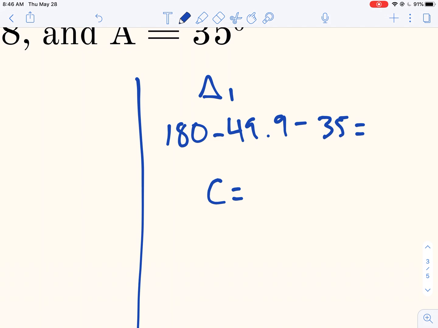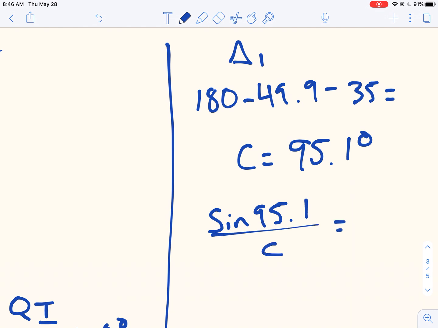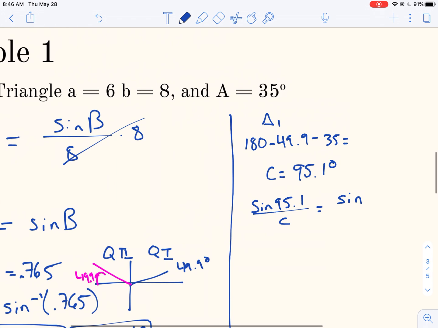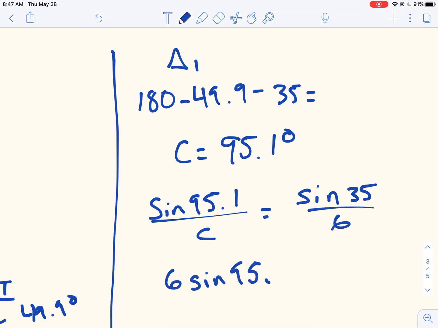It's going to be equal to 95.1 degrees. So then I'm going to do the sine of 95.1 over C is equal to the sine of 35 over 6. 6 times the sine of 95.1 is equal to C times the sine of 35.